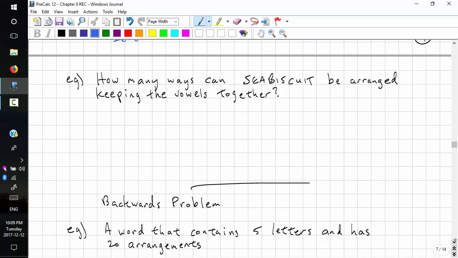Okay, let's take a look at something a little bit more difficult. How many ways can Seabiscuit be arranged keeping the vowels together? So again, we're doing an arrangement of an arrangement. But we have repeats. So we have 5 vowels, 1, 2, 3, 4, 5, and we have 5 consonants, 1, 2, 3, 4, 5.